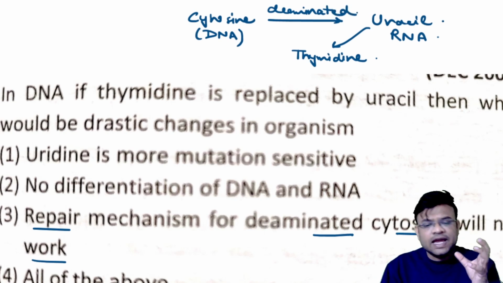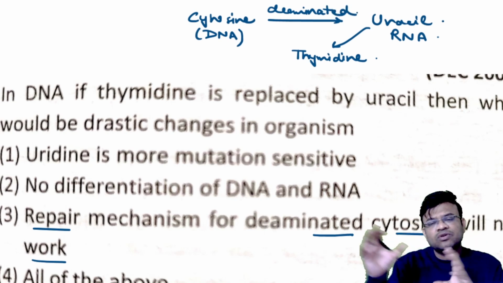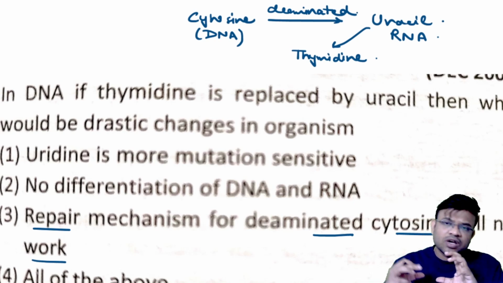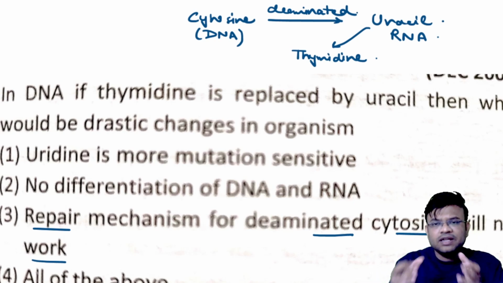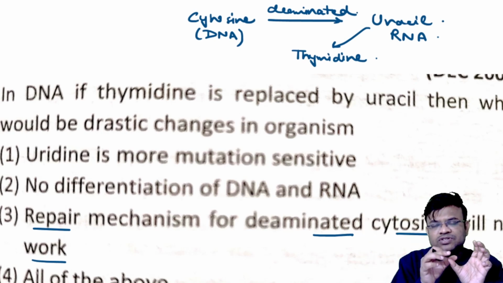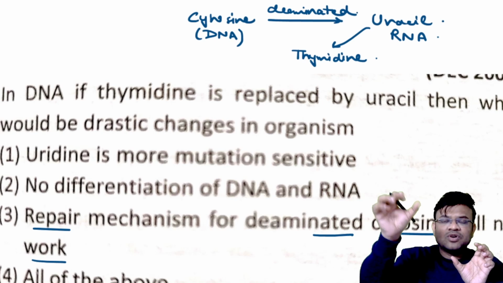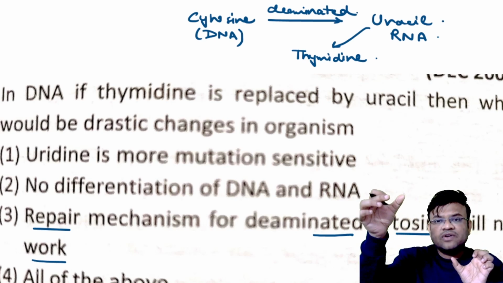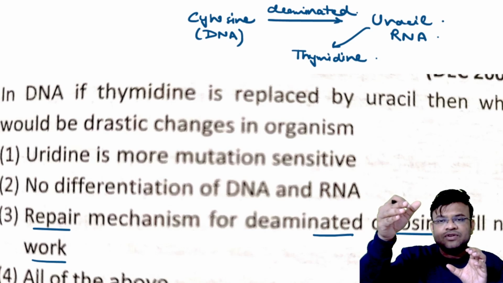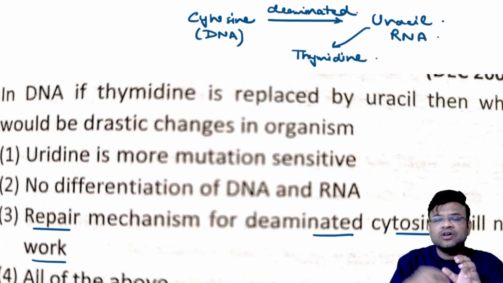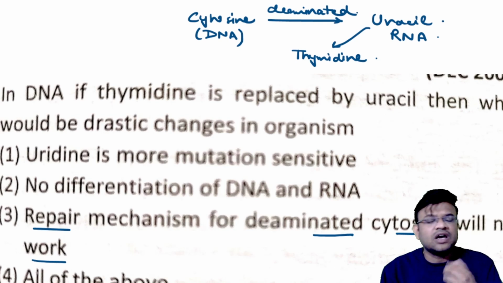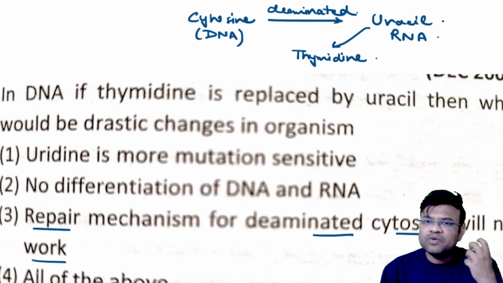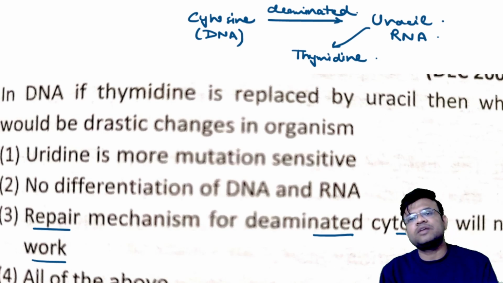If cytosine is deaminated, then also uracil is formed. But if you are putting uracil in the DNA itself, how will it recognize whether this uracil has occurred because of some kind of error involving deamination of the cytosine, or whether this uracil is the original uracil? How would you identify that? It would be very difficult for the DNA repair system to identify.